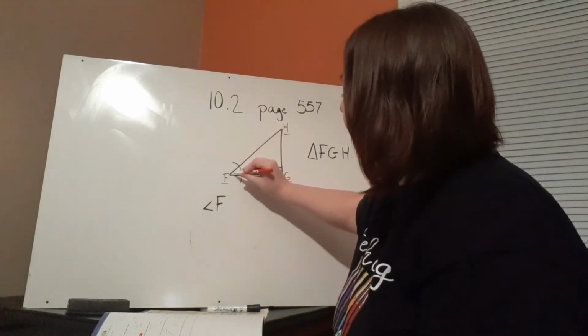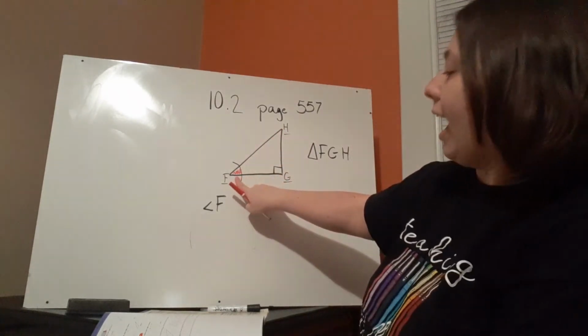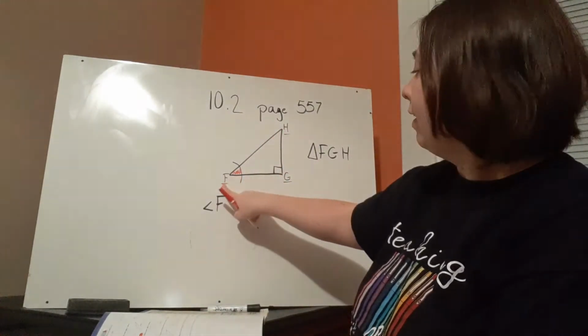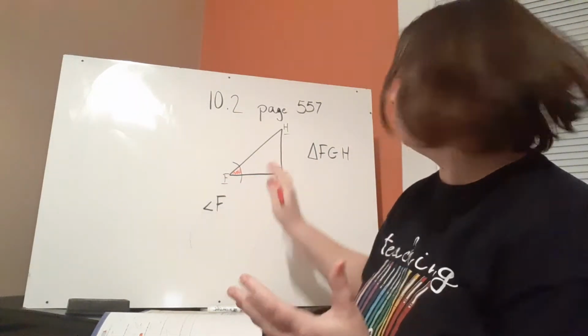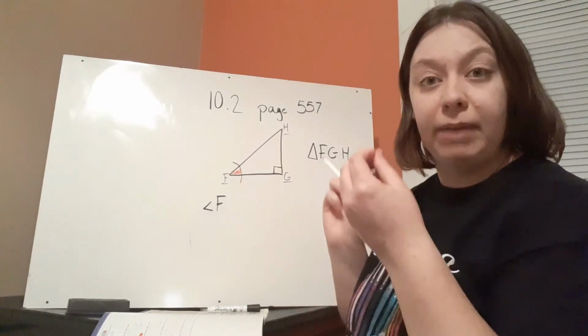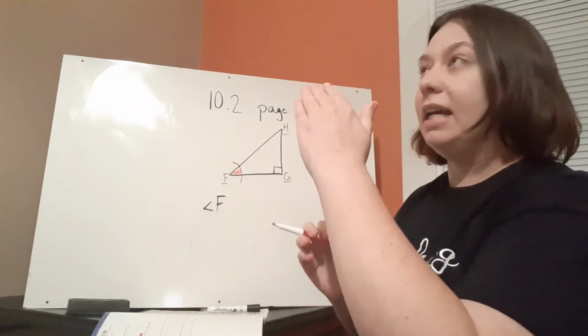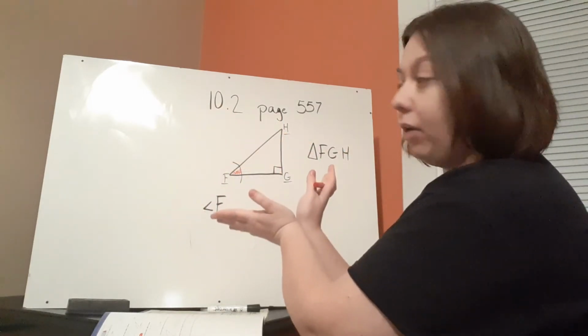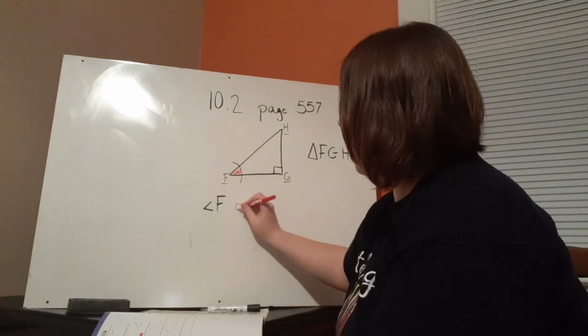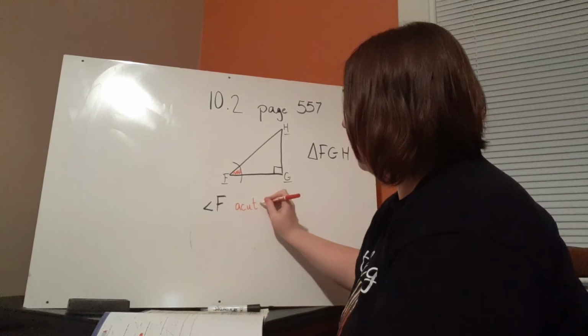So if I'm looking solely at the vertex for F, I can see that it's not a right angle. I don't have my corner piece in there. It's not huge. It's not a very big angle. It's smaller. So angle F would be acute.